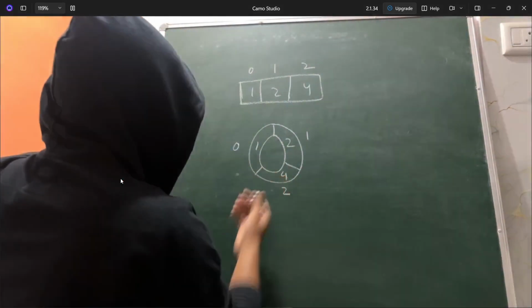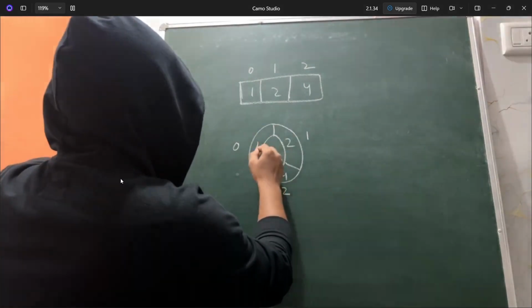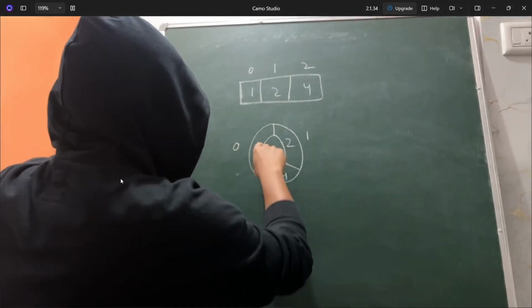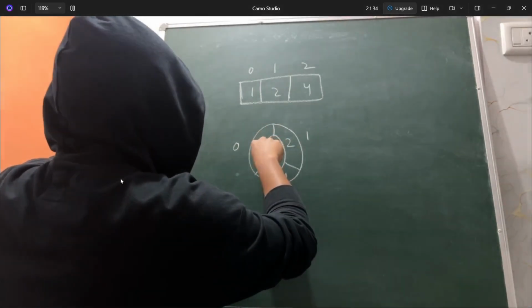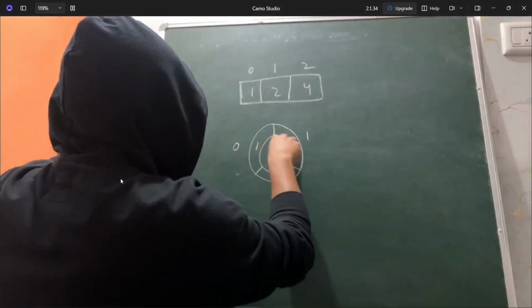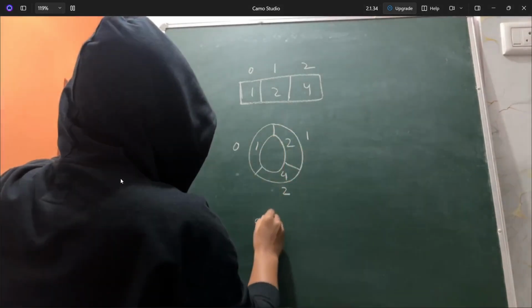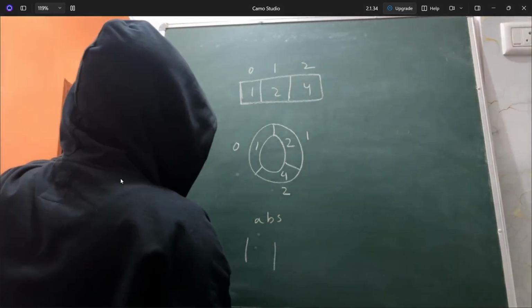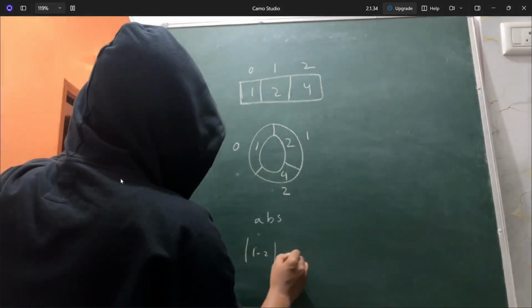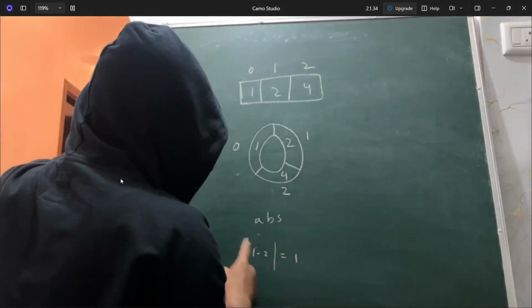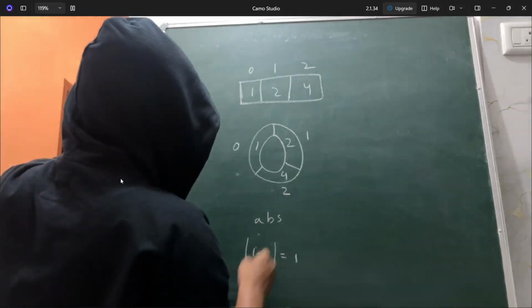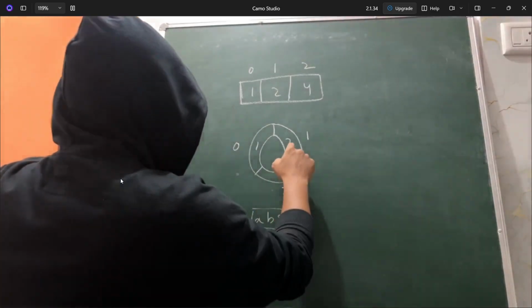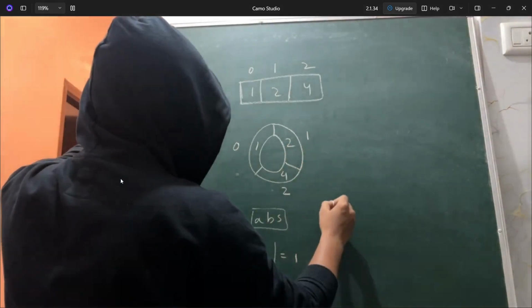So now you'll have to find the difference between adjacent elements. 1 and 2, if you see the absolute difference, or in mathematics the modulo operator, 1 minus 2 is actually minus 1, but the modulus will make it 1. In programming we'll use the absolute operator. Then 2 and 4, the difference is 2.